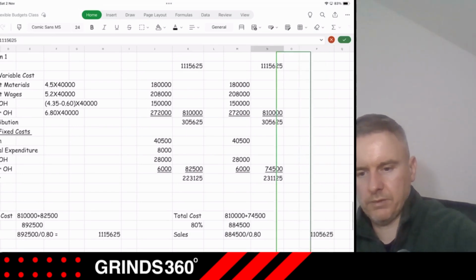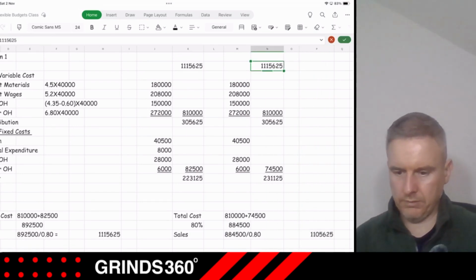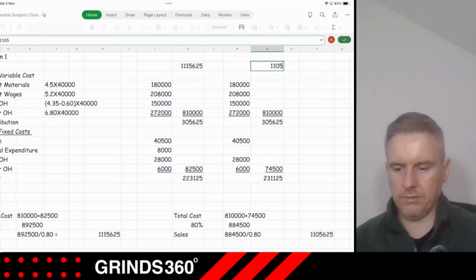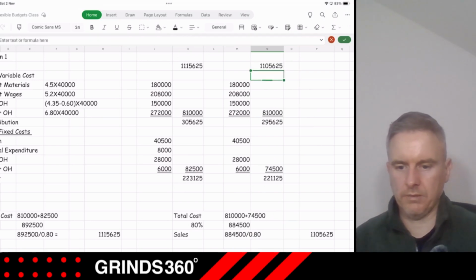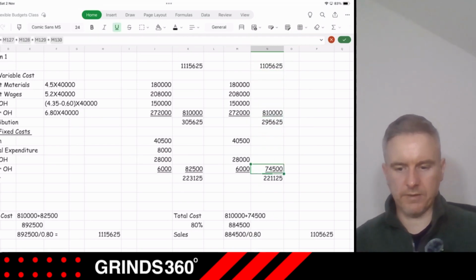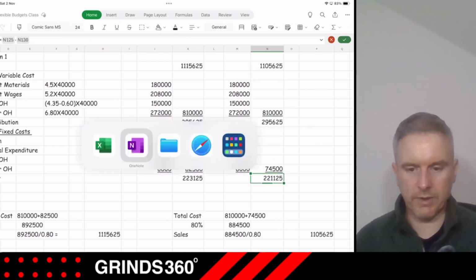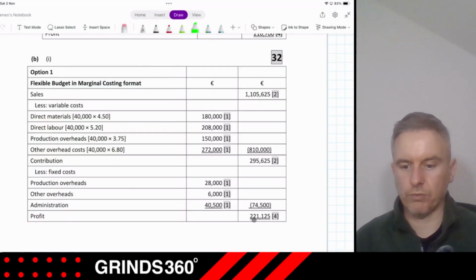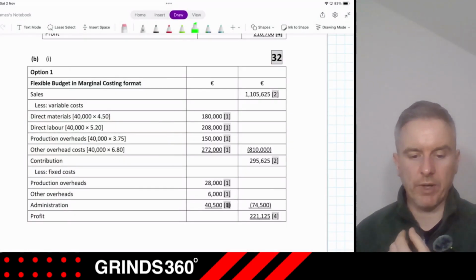So one, and then the 221125. So there's your 221125, just to show you how that's coming up on it.